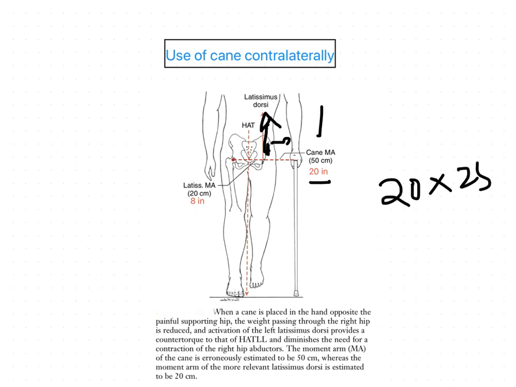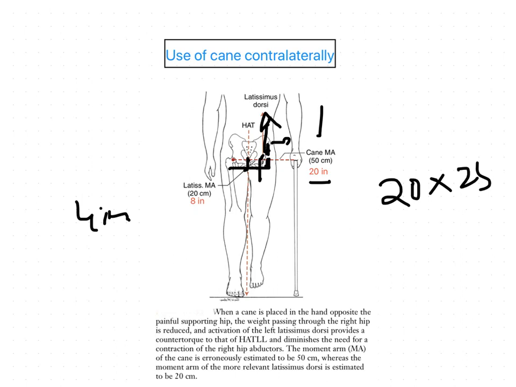So on the right side, the line of gravity is 4 inches from the joint axis, as we have seen in the past. Then this one also has the same distance from the line of gravity to the joint axis.